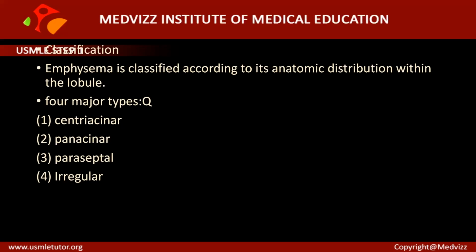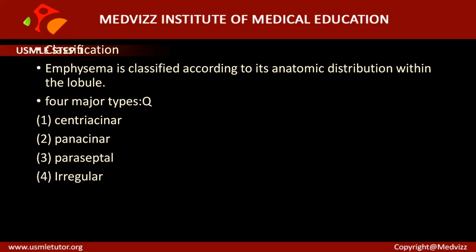Remember, both centriacinar and panacinar emphysema can cause clinically significant airflow obstruction. That's why in the exam, 95% of the cases they'll give you are about centriacinar and panacinar, and the rare forms are paraseptal and irregular.